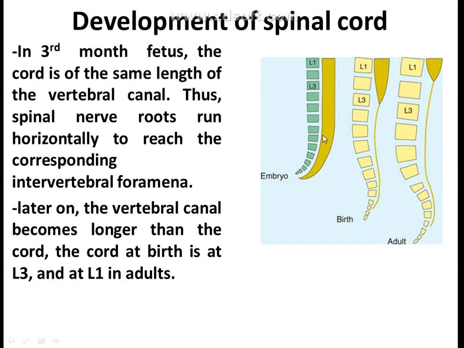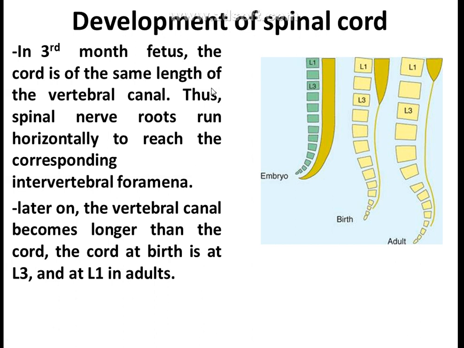In the embryo or in the fetus, till the 3rd month of pregnancy, the spinal cord fills all the vertebral canal, and thus in the fetus each segment lies opposite to the vertebra of the same number. For example, this is the L3 vertebra, and so this is the L3 segment of the spinal cord.